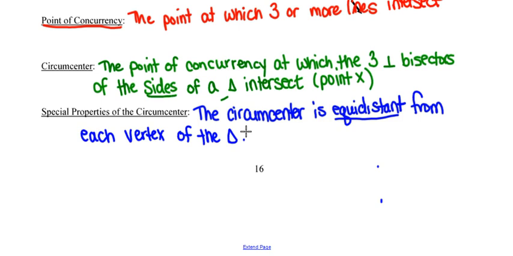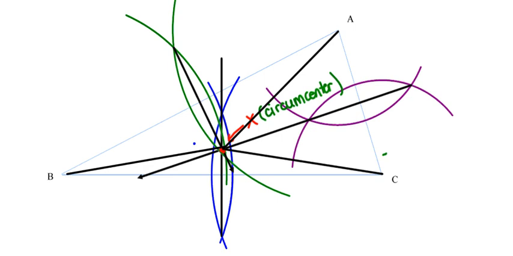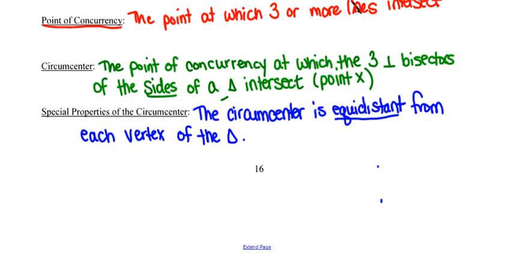So in terms of our picture, what that means is that the distance from circumcenter X to vertex A is exactly the same as the distance from circumcenter X to vertex C, which is exactly the same as the distance from circumcenter X to vertex B. And again, I'm going to note this down here at the bottom of the page.